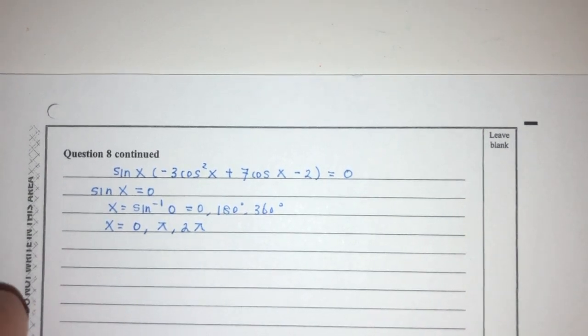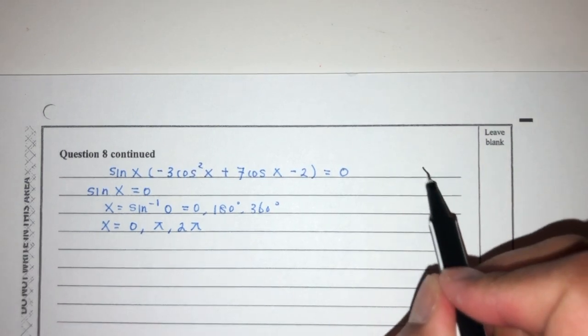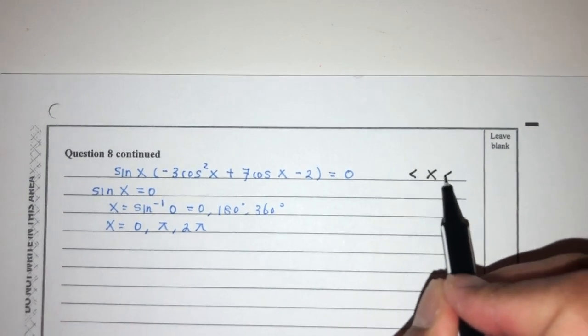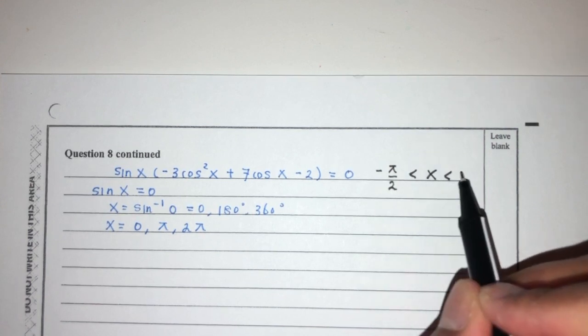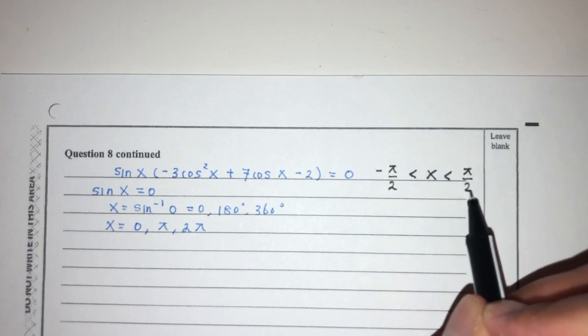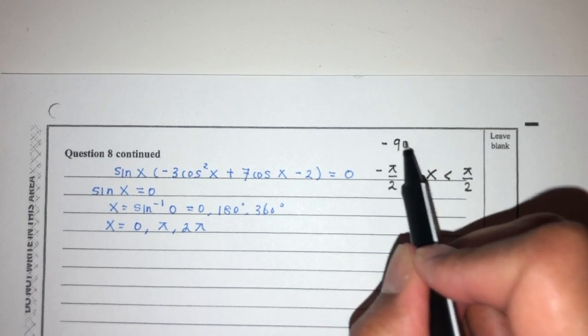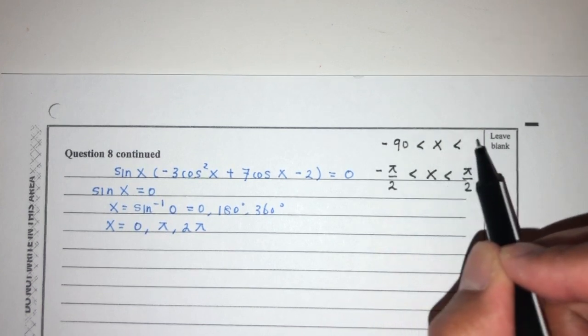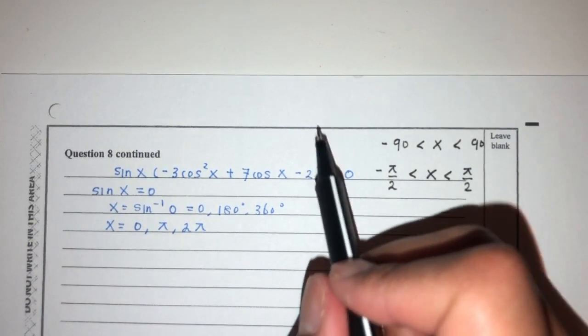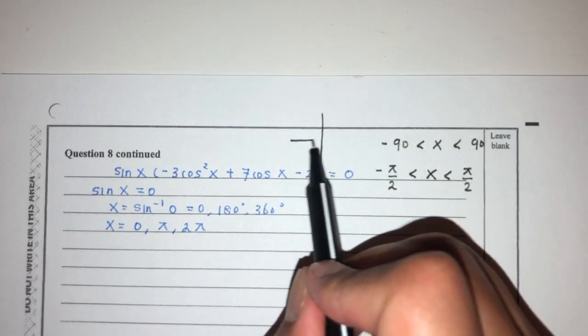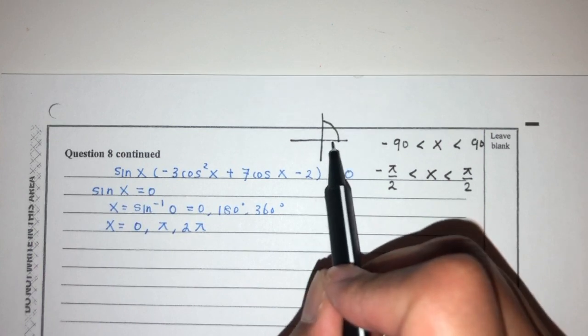Now something we observe is that x is between the values of what? The condition is that it is between minus pi by 2 and pi over 2, which is minus 90 and then 90 degrees. So if you were to look at the quadrants, 90 is here, minus 90 will be this one.